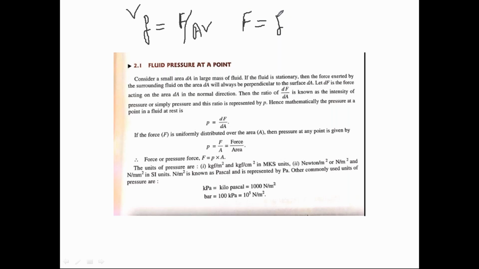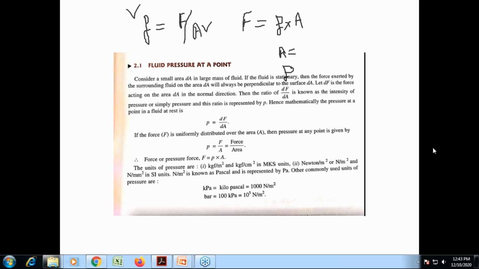I can write this pressure force as the product of P into capital A, where capital A is the entire area and P is the intensity of pressure. So now let's see about the units. The SI units.